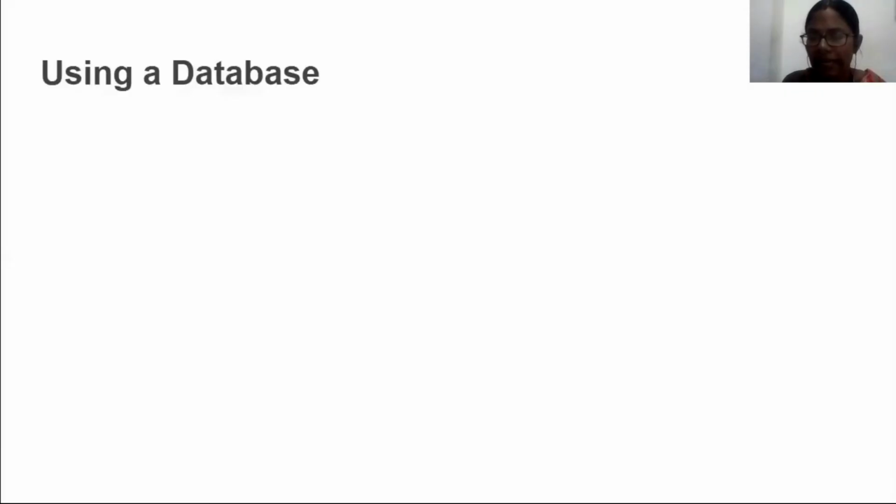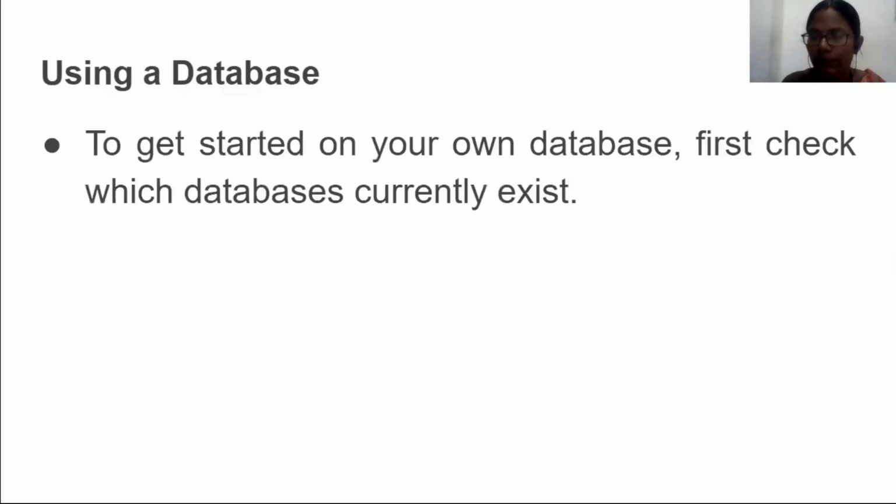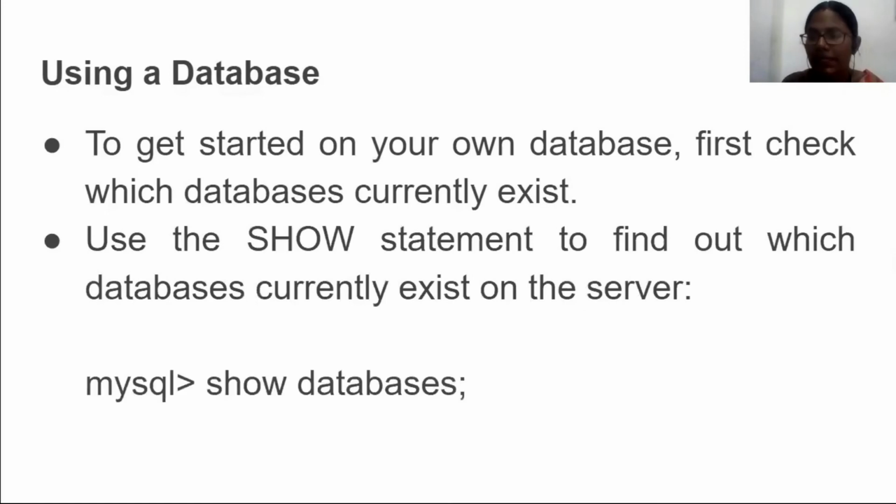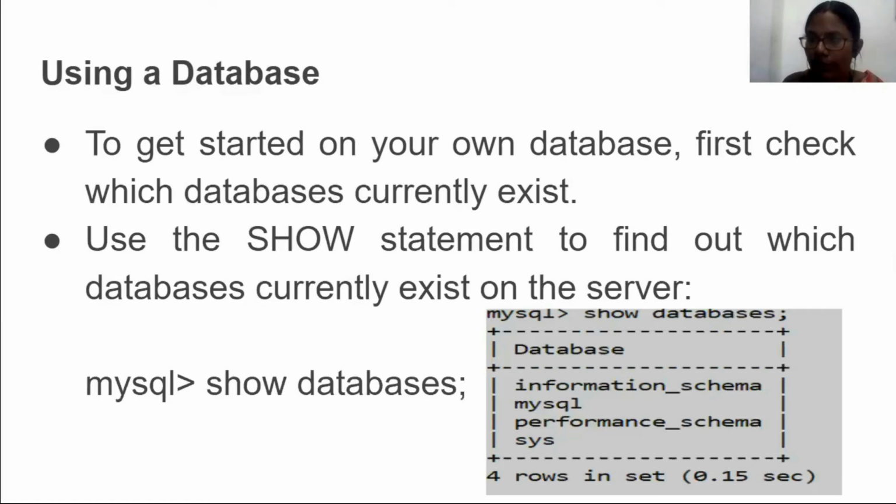So the next very important part is the database. As we all know, a database is a collection of multiple interrelated tables. So first we are going to see how these databases are created and which databases are available by default. There is a command called show databases. If you give show databases, whatever databases are available on your MySQL platform will be shown.